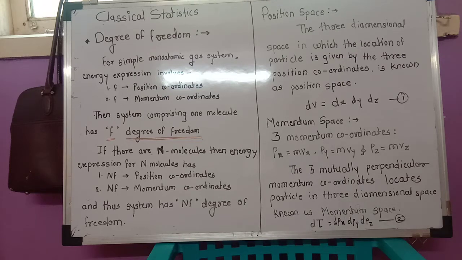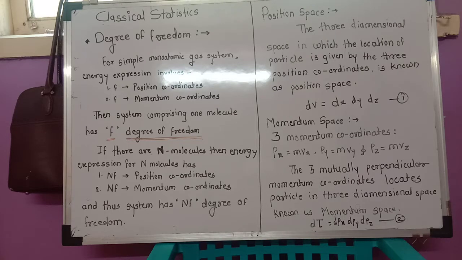Then we move towards a very interesting part of the chapter, the position space. Suppose the system contains n number of particles in a given volume V. We know that there are two types of systems: one is the static system and the other is the dynamic system.